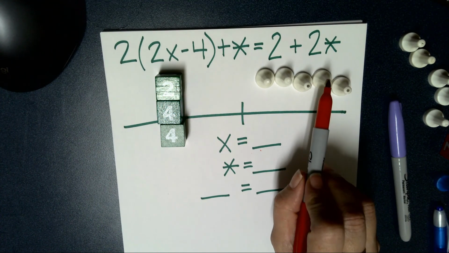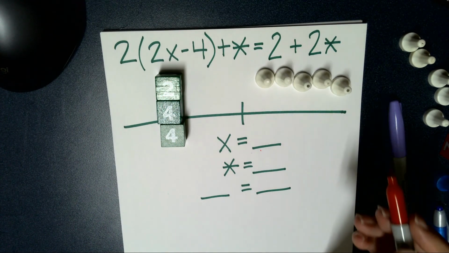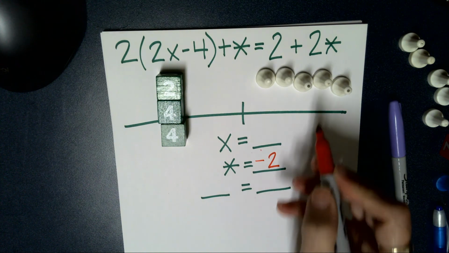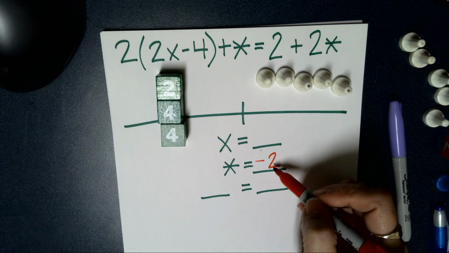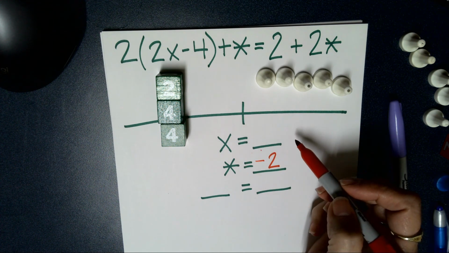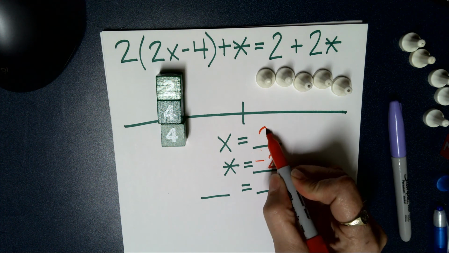Negative 2, negative 4, negative 6, negative 8, negative 10. So star is going to be equal to negative 2 because those sides were equal. If the star is equal to negative 2, what is our pawn going to be equal to? Well, what's the opposite of negative 2? That would be positive 2.